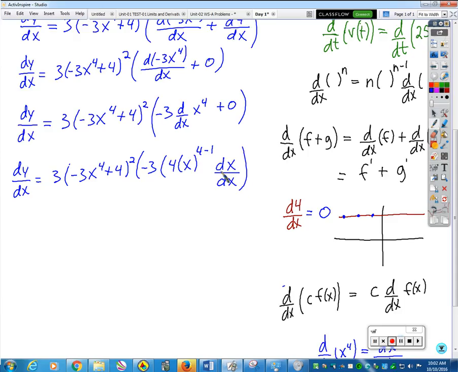Does the 4 minus 1 go to the 4 and the x or just the x? Okay, does the 4 minus 1 go to 4x or is it just going to x? Got it. Perfect.